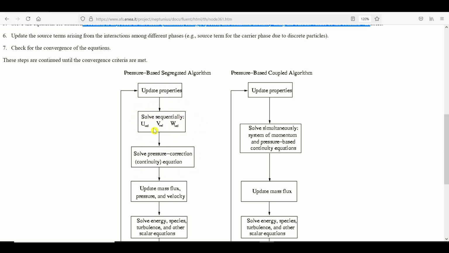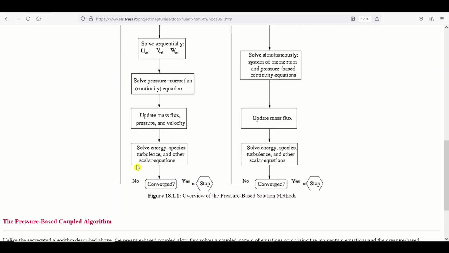Then with this velocity flow field, we solve the pressure correction equation, and we again update the next set of values of the mass flux, pressure, velocity. Then we solve the energy equations, and again we check whether the values are below the benchmark value. If it is below the benchmark value, the solution is converged. We can stop at that time.